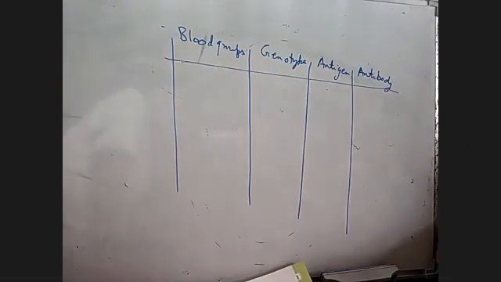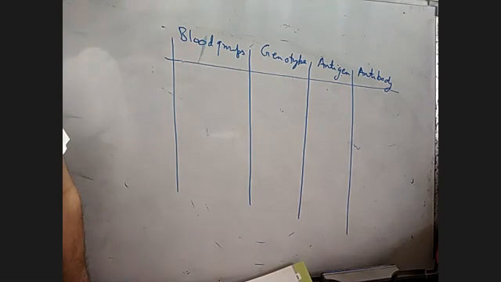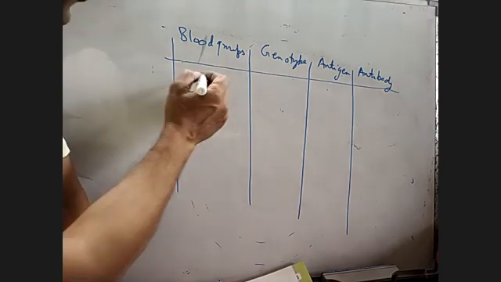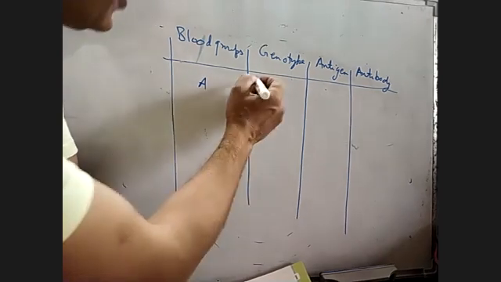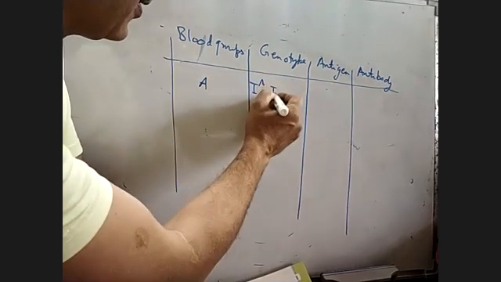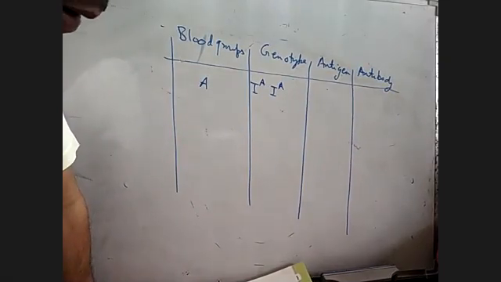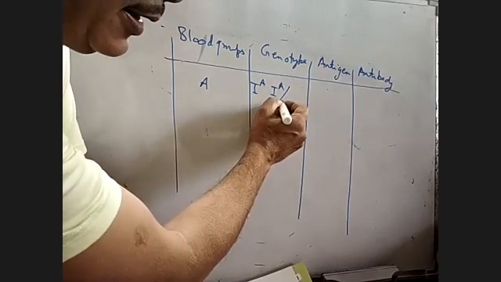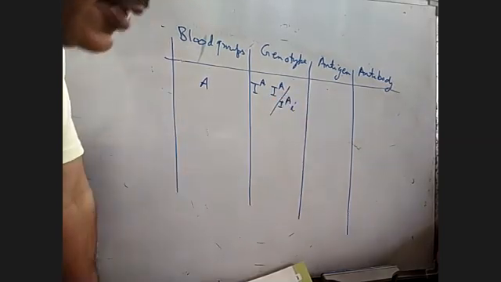First, blood group A. Its genotype is IAIA, and also IA and small i sometimes.